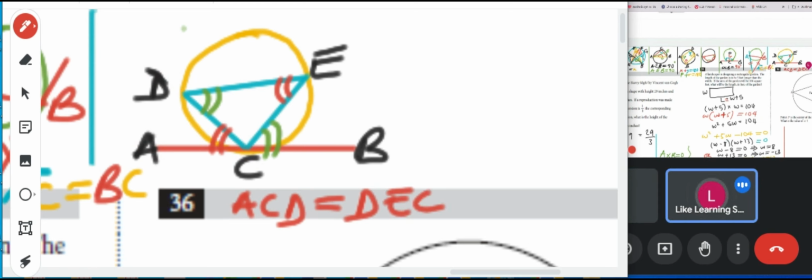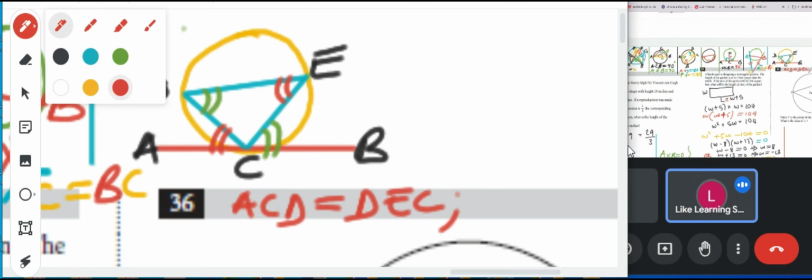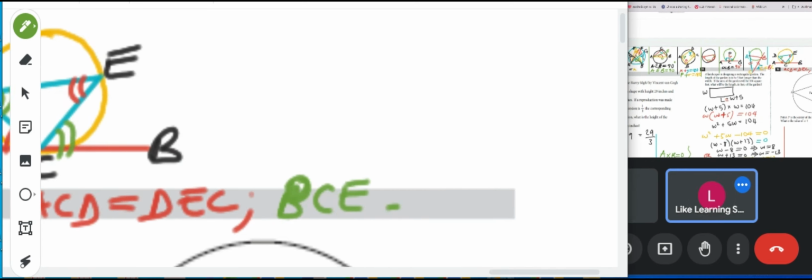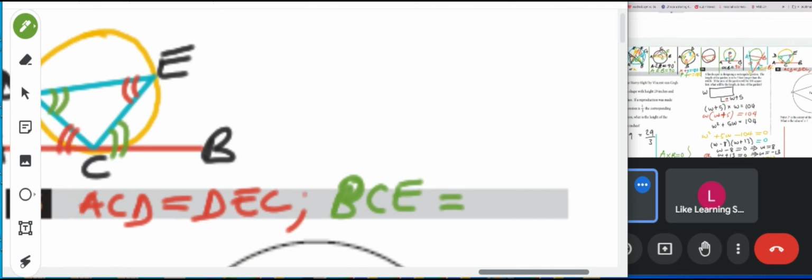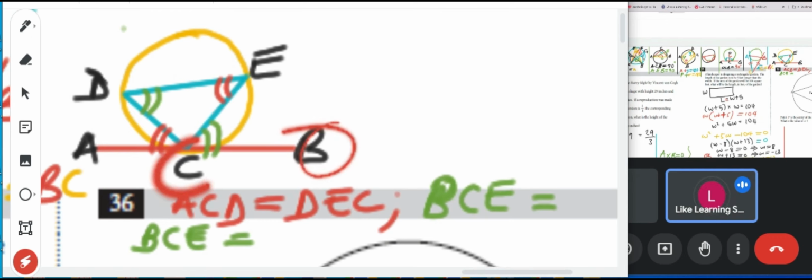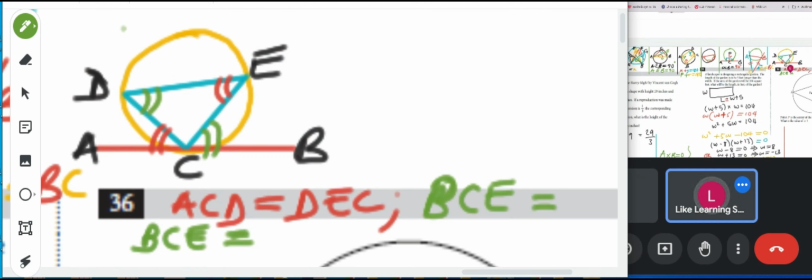Also, angle BCE must be equal to angle EDC, or CDE, if you like.